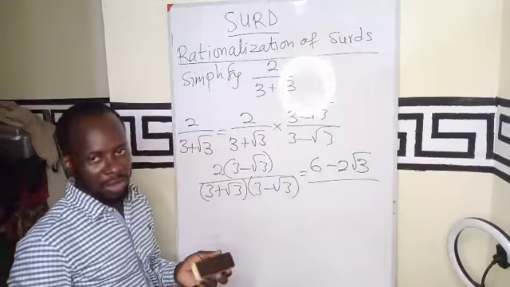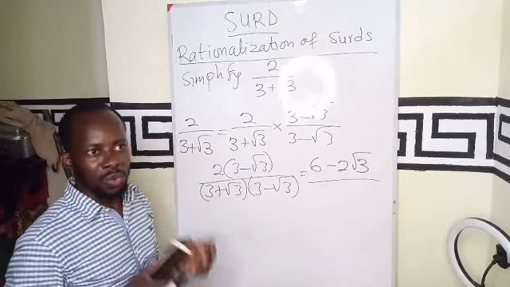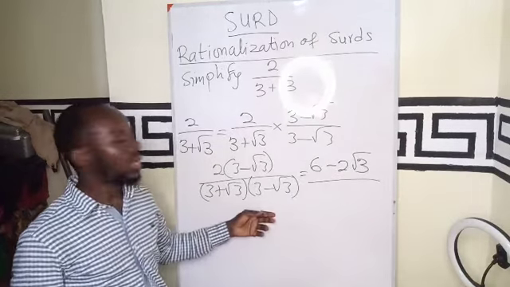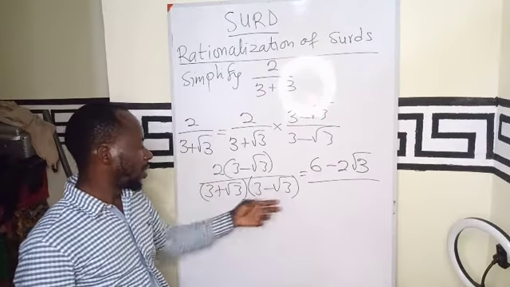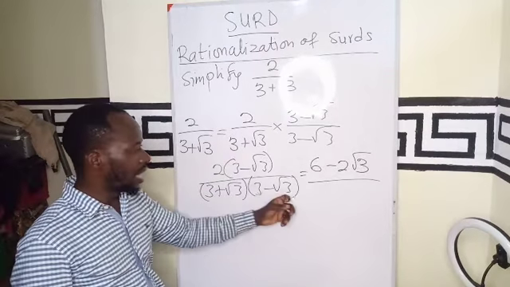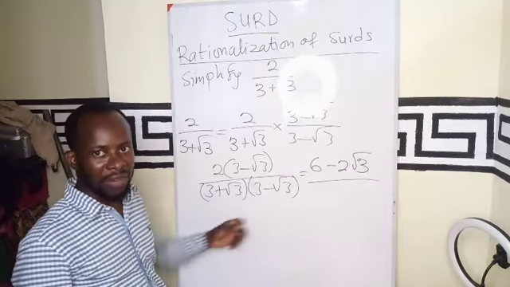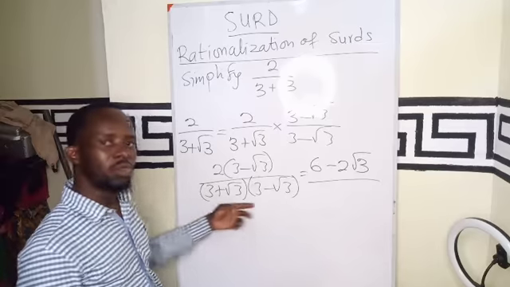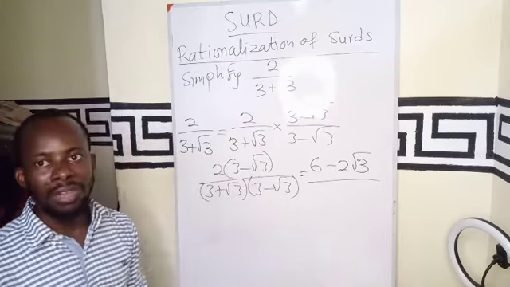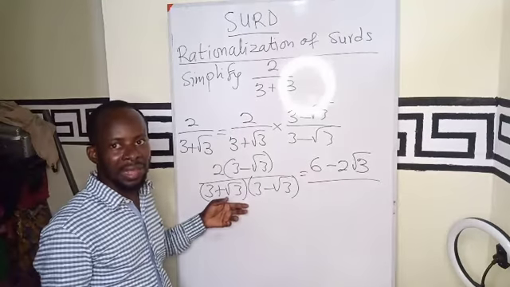Now from the previous video, when you get a conjugate pair, this is also a difference of two squares, because this is going to be the first number squared minus the last number squared. If I have 3 squared minus root 3 squared, this is what I'll get as an expanded form of it.